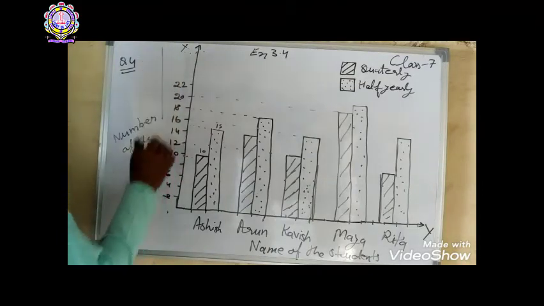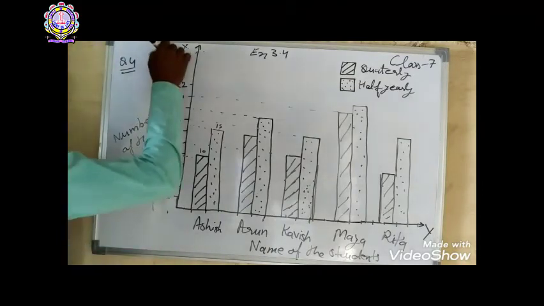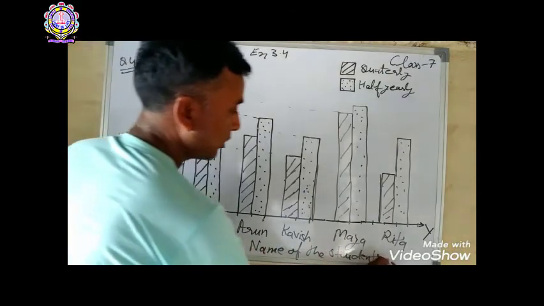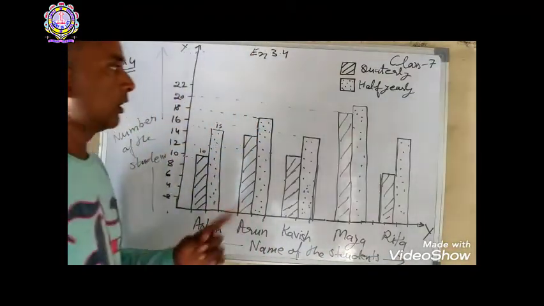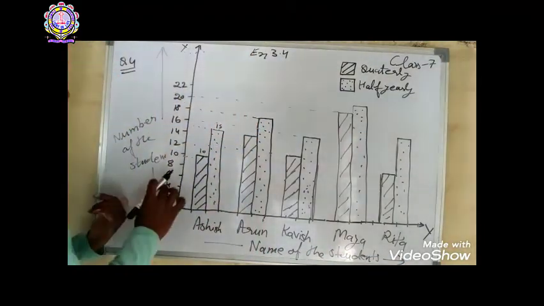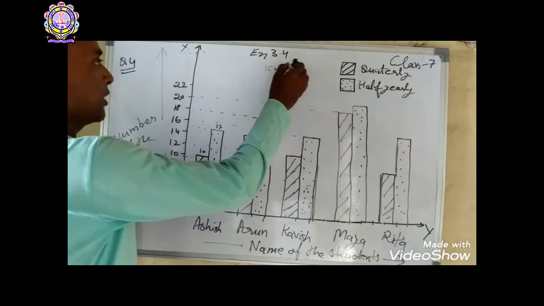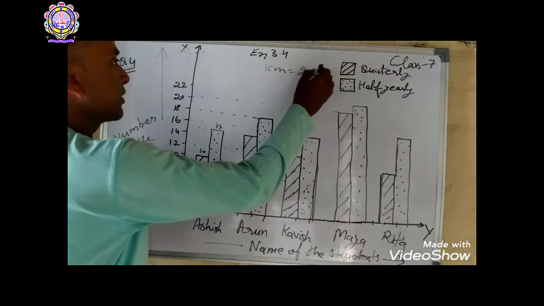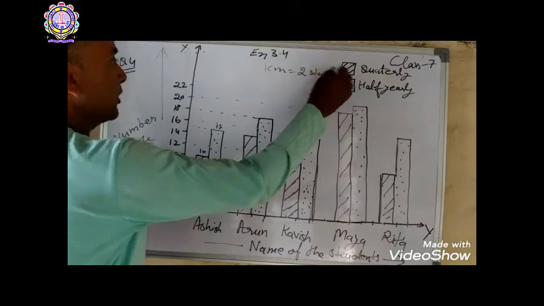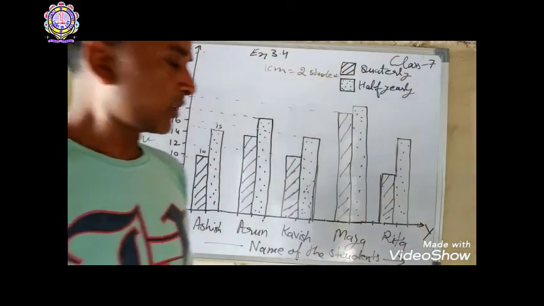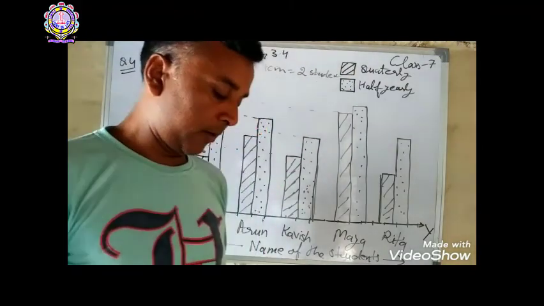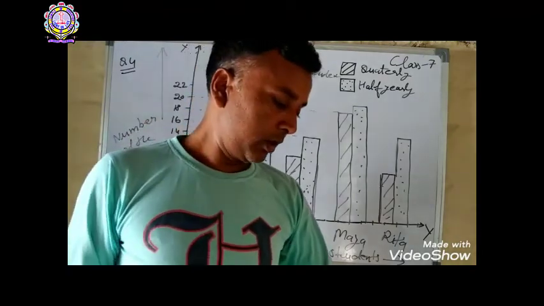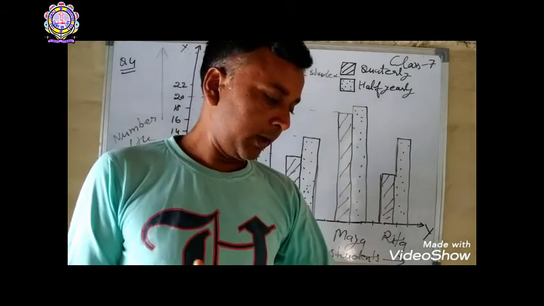And you may note it vertically, and that is horizontal. And for the scale, if you want, you can write 1 centimeter equal to 2 students. So this is the double bar graph. In a double bar graph, we use double data in one bar graph.